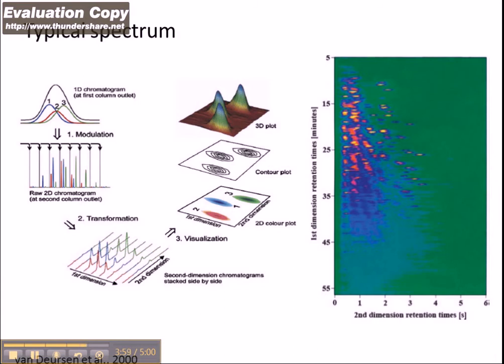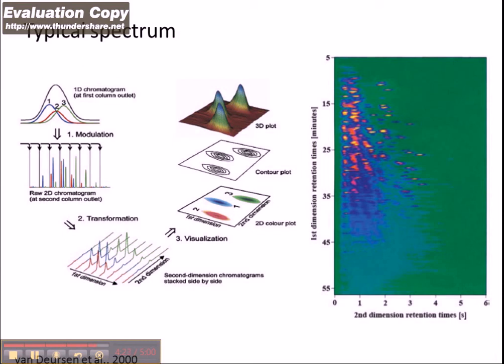But if we introduce the second column to make two-dimensional chromatography, then we can separate the three peaks in the second dimension. And then by a transformation, we can form the 2D spectrum as we can see here. And with visualization, we can make the figure clearer.